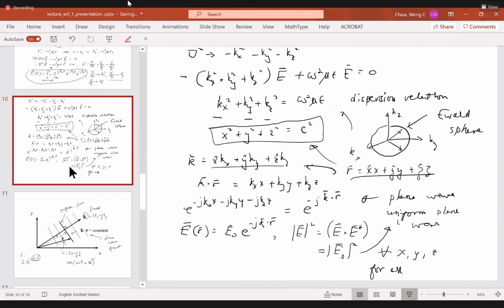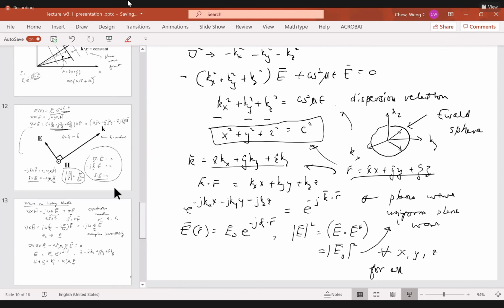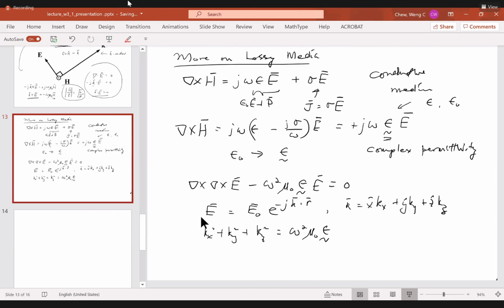Equation of a sphere, except that epsilon is now a complex number. But when you go through the lossy medium case, the same equation applies. You just replace epsilon with a complex permittivity. The same algebra applies. The equations are homomorphic to each other.